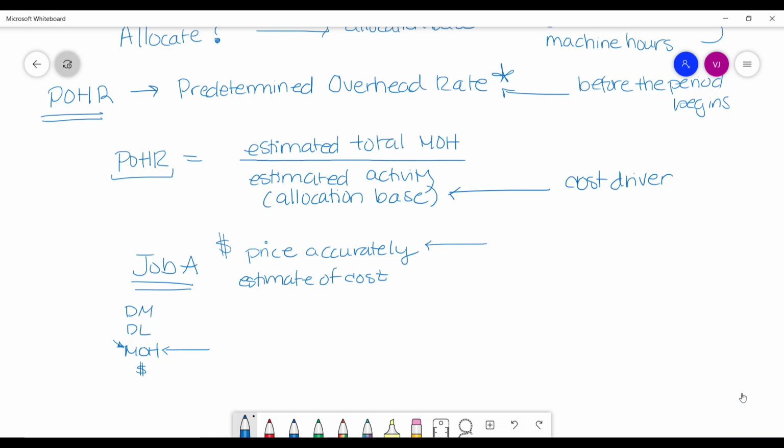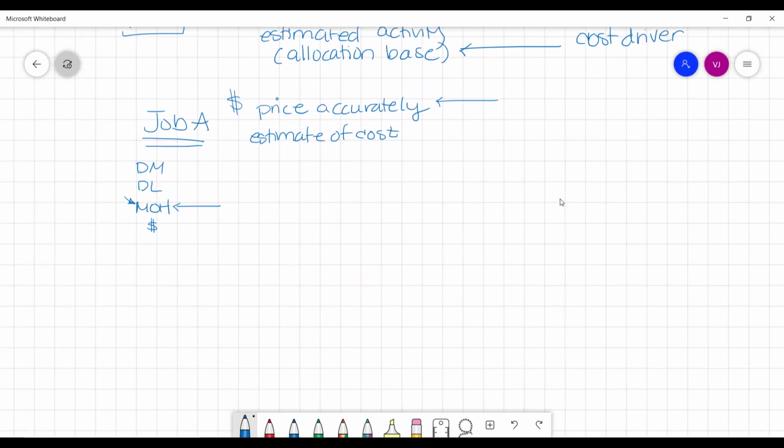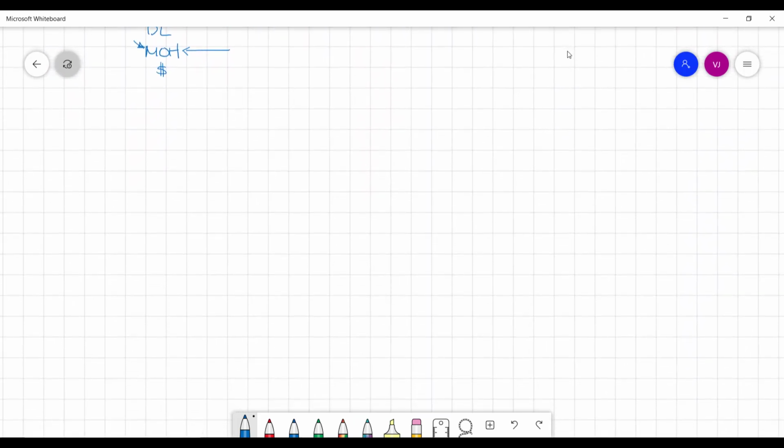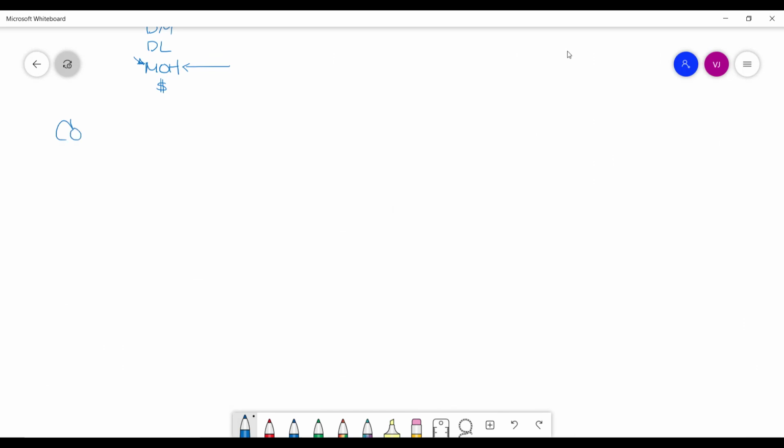All right, so what would it look like to compute an overhead rate to begin with, before we even get to the point of using that POHR to allocate overhead to a job? Well, there are some steps in computing a POHR.